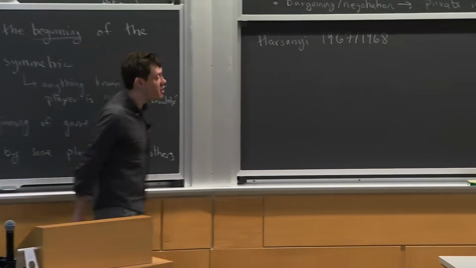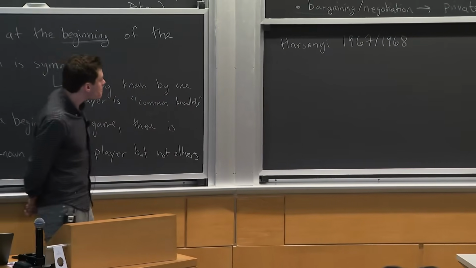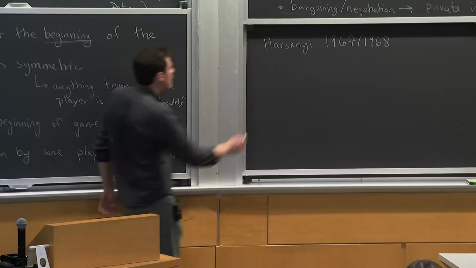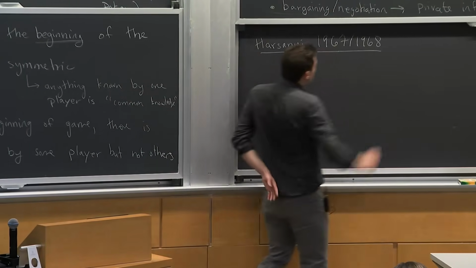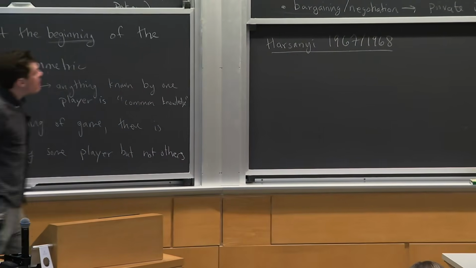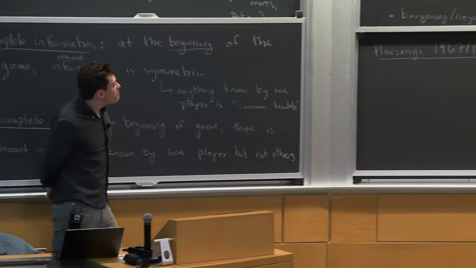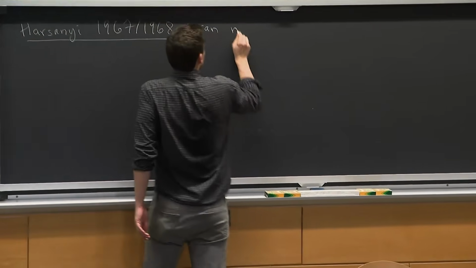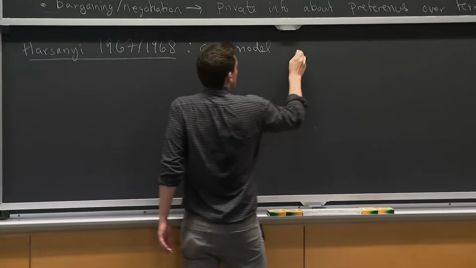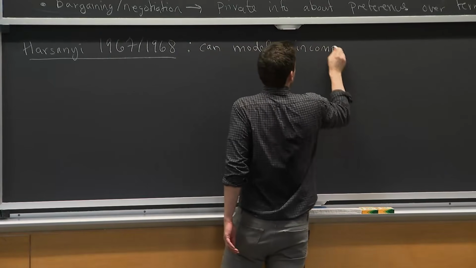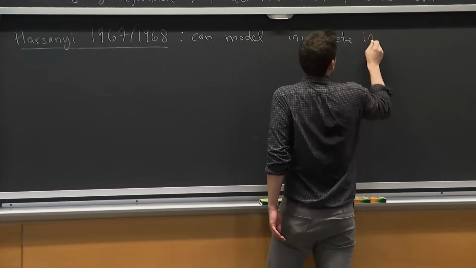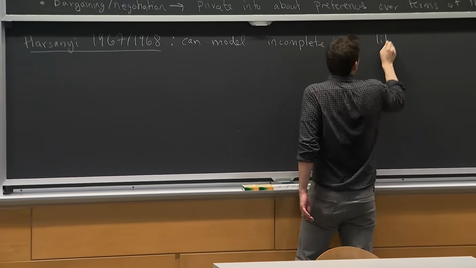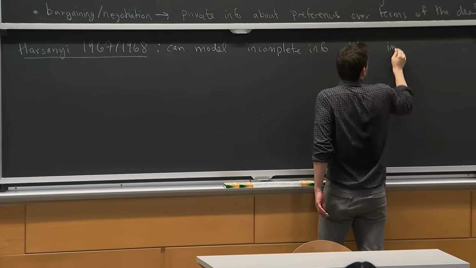And Harsanyi later won the Nobel Prize for his work here. So Harsanyi's key insight, which was later formalized by others, is that we can model incomplete information like we model imperfect information.